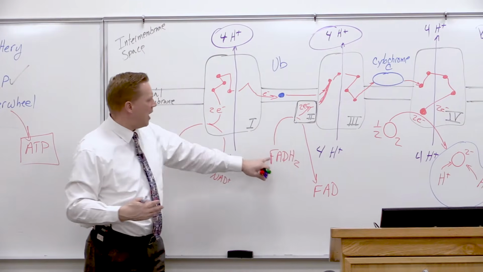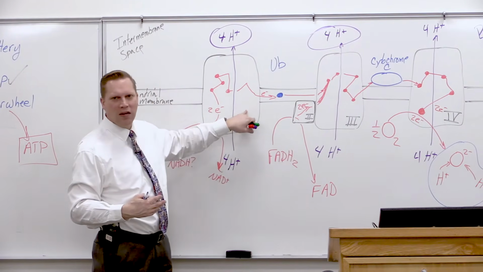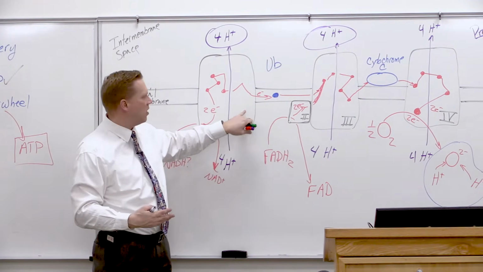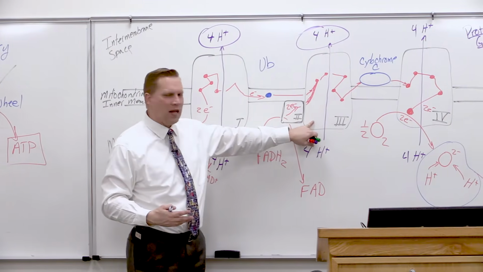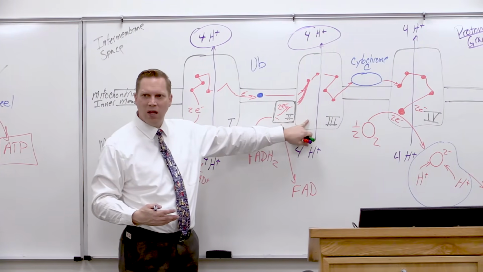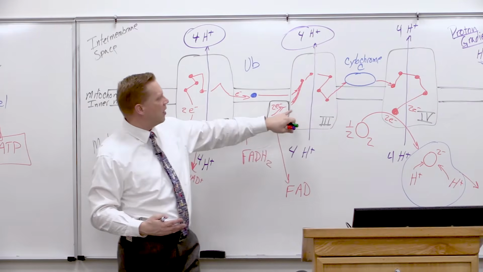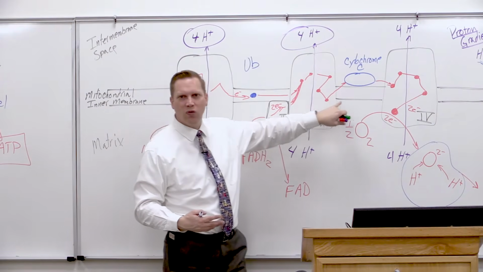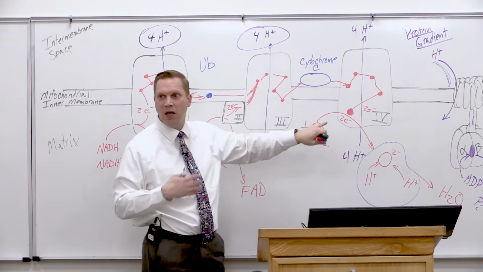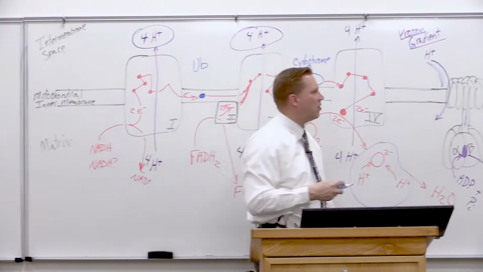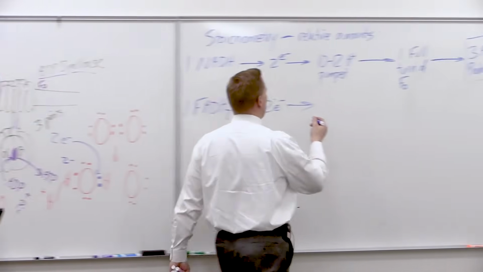And so it doesn't have enough electron power to donate to complex 1. It's lower in energy, so it can only donate its electrons to complex 3. That means those electrons are only pumping in complex 3 and 4. So we don't get as many protons being pumped when we use FADH2 as an energy source.